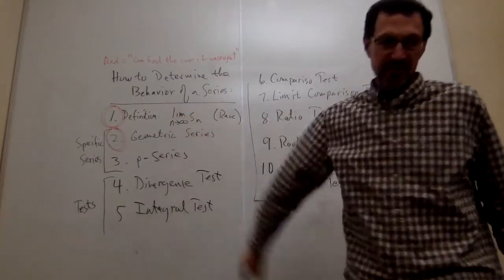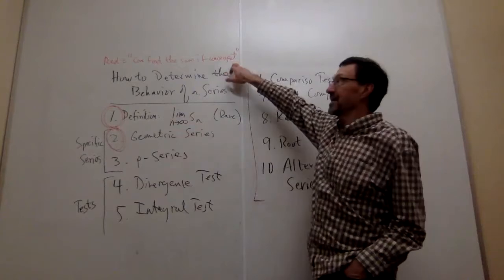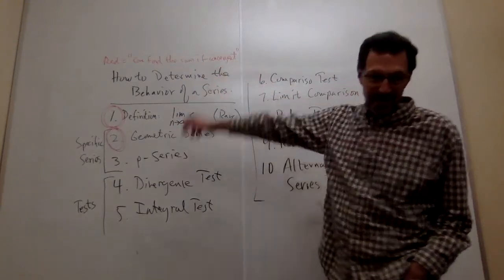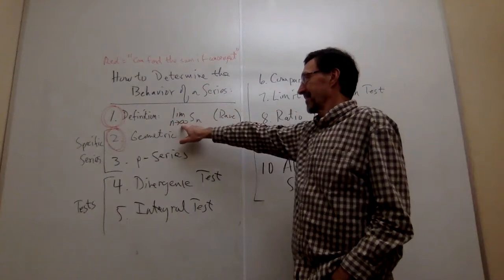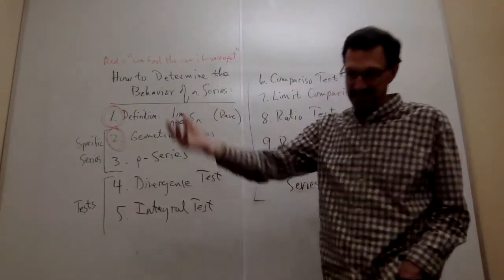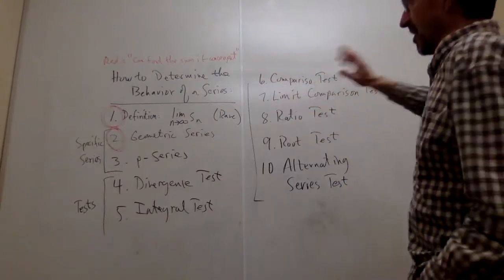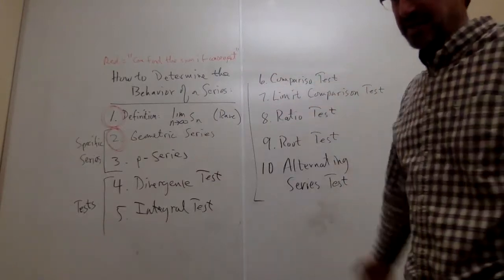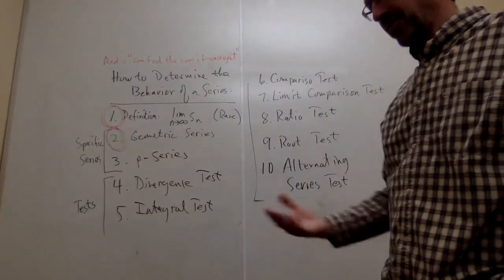Notice I've circled those first 2 in red, because if we can settle the issue there, we actually can find the sum. We know how to sum a geometric series, and the very definition of an infinite series is this limit. If we can find the limit, then of course we know the sum. Other than that, these other guys, all 8 of them, all they do is tell us, does it converge or does it diverge? The value is a mystery, at least for a little while.